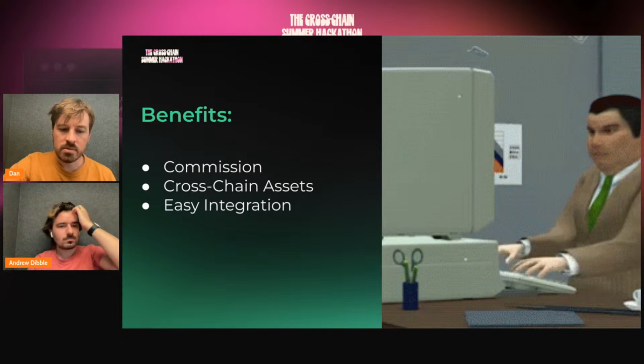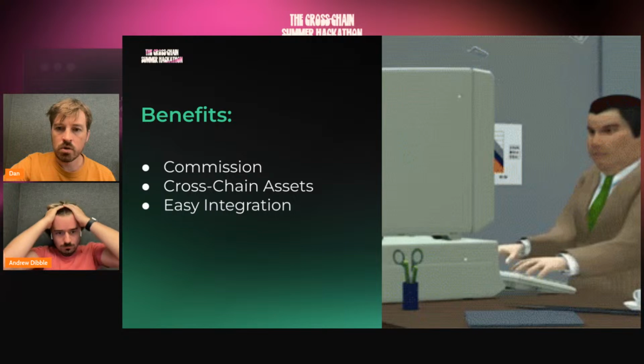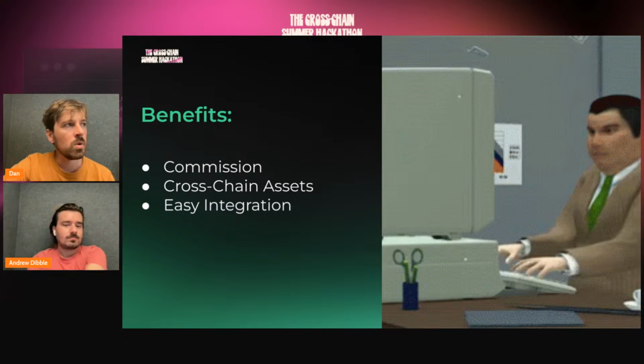If you already have an existing product, you can very simply and easily add cross-chain assets. You integrate one protocol and you get access to multiple and ever-increasing number of cross-chain pathways. Right now we support Bitcoin, Ethereum, Arbitrum, and of course Polkadot. How could I forget? And there will be more to come, of course. We're working on it.